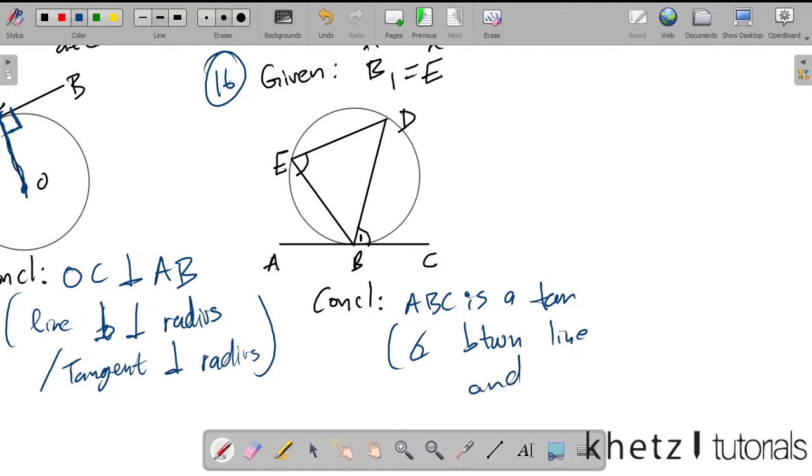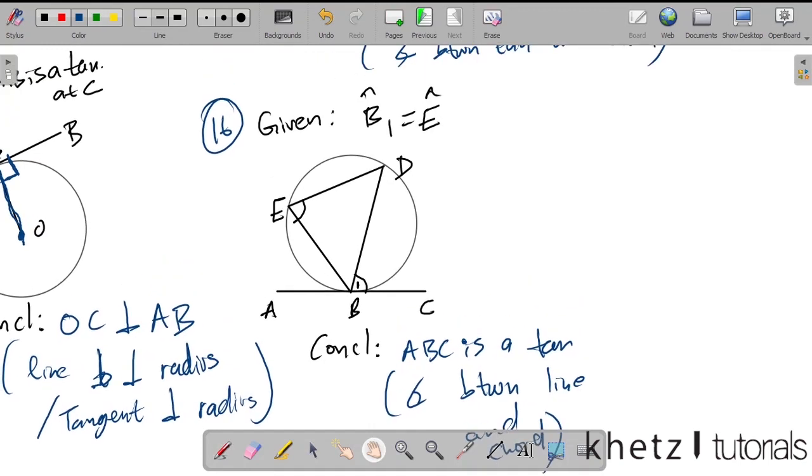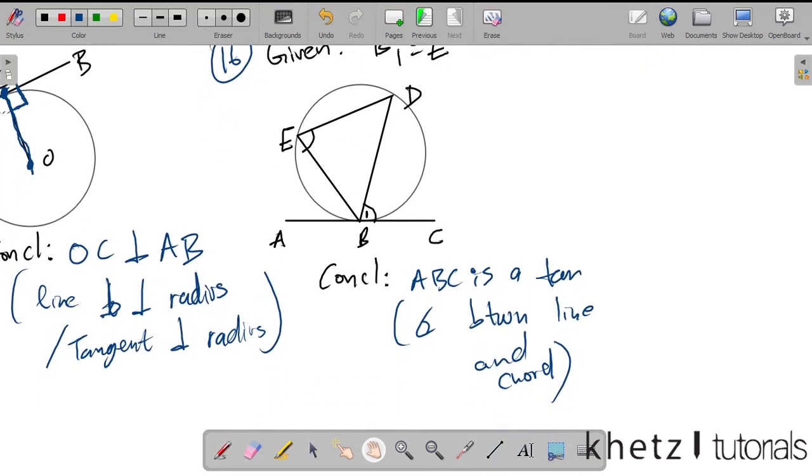So here are a few things to note. Whenever your conclusion is that something is, let's say, a cyclic quad, a diameter or a tangent, you'll notice that you don't actually include that term when you give your reasons.